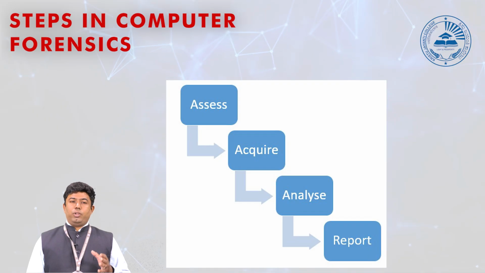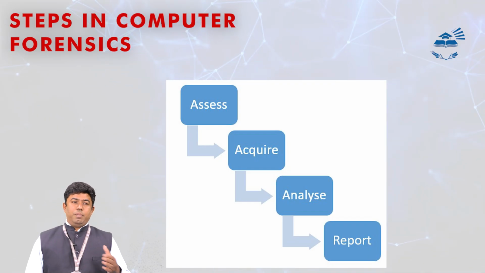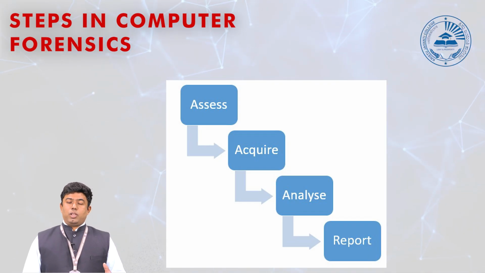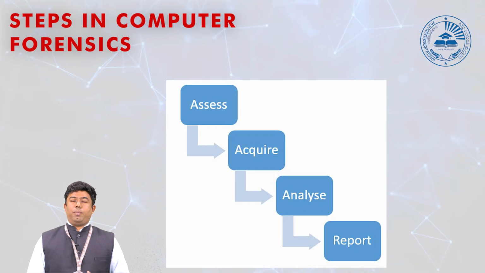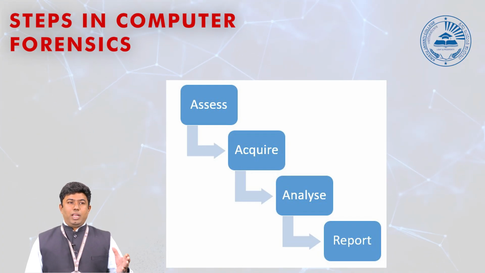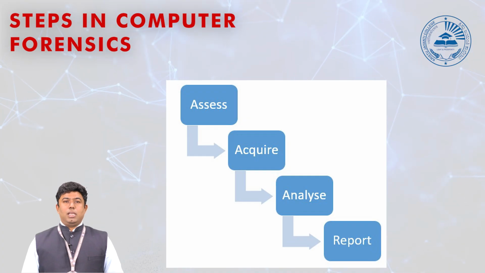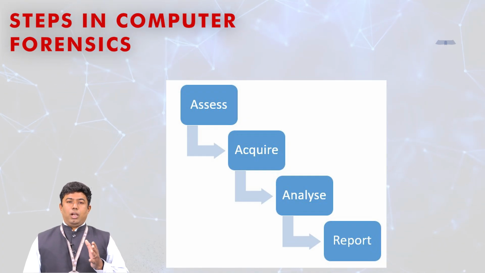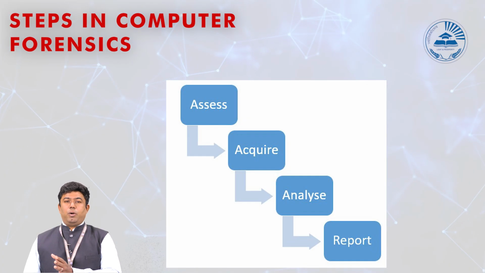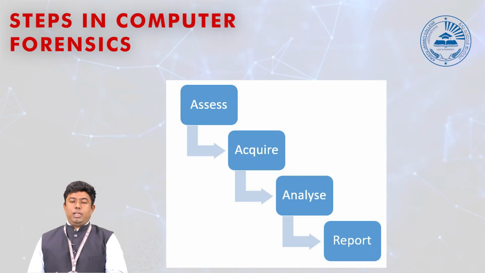Therefore, understanding what you need to do at each level, or what your team needs to do at each level, is a very important aspect to ensure that every evidence or every article that is encountered in digital forensics will be used for a good purpose and will be able to obtain a lot of information pertaining to the case.